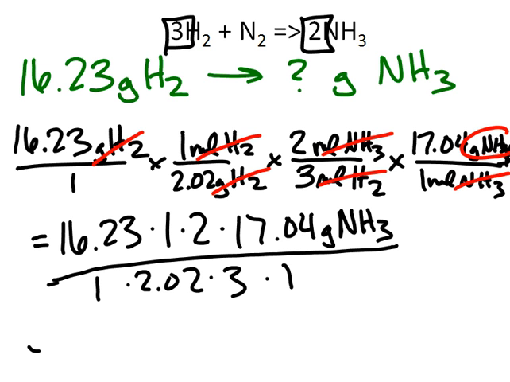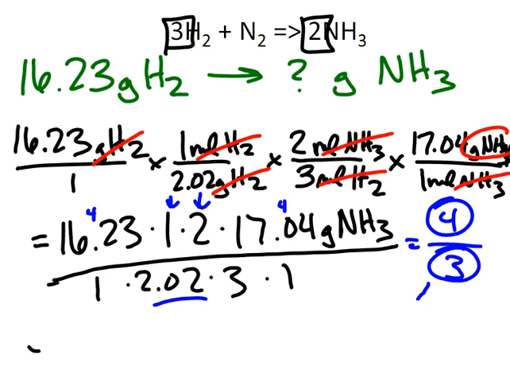I have 4 here, I have 4 here, so my numerator is going to have only 4, because these two guys right here, this is the exact number, and that's a molar ratio. So I'm going to have 4 sig figs here, and then down on the bottom, I have 3 sig figs here, so my final answer should have 3 sig figs.